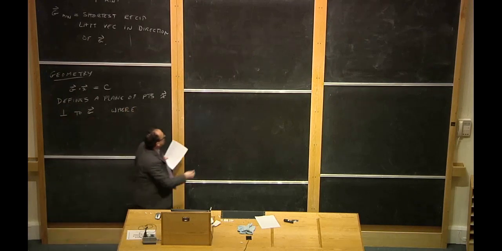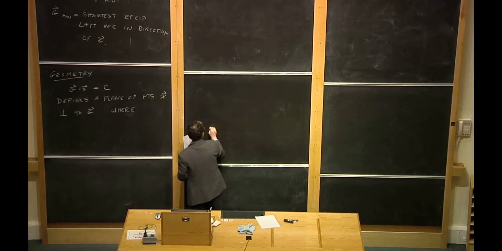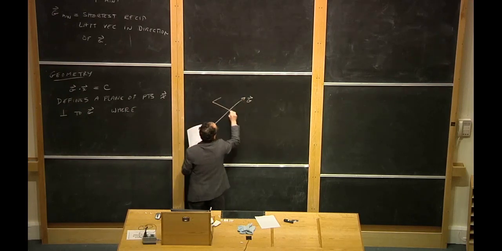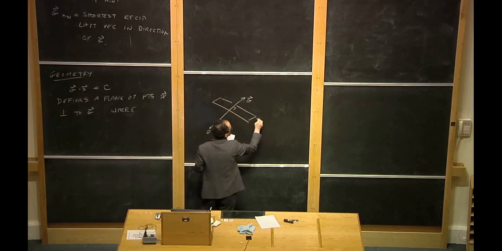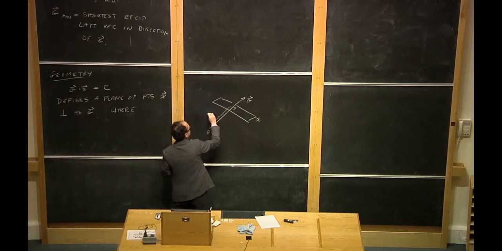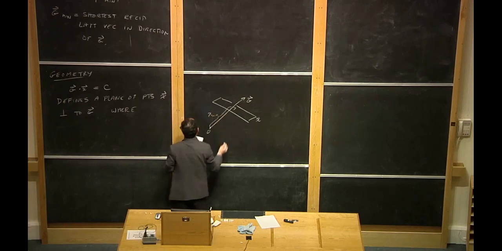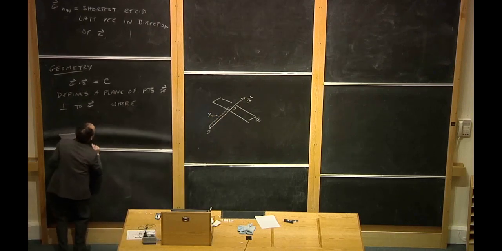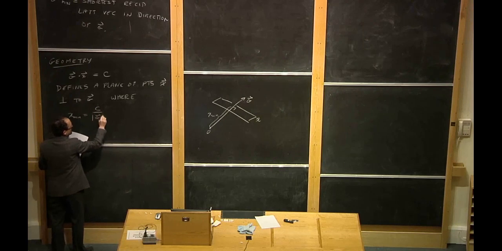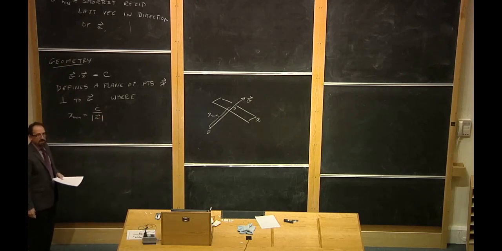Okay, let me actually draw this over here. So here's the point 0, here's the vector G, here's the plane perpendicular to G, which we're calling x. This is the plane of points x. And the distance from 0 to the plane x, let's call that distance x min, the minimum distance to the plane, equals c over absolute G. Okay, does that geometry look familiar from before?